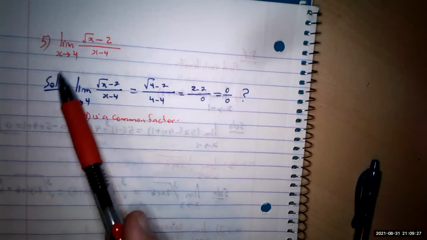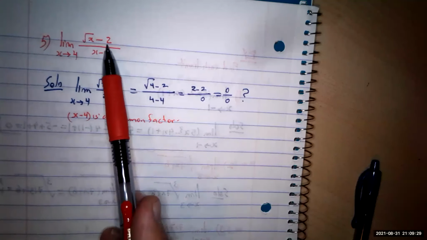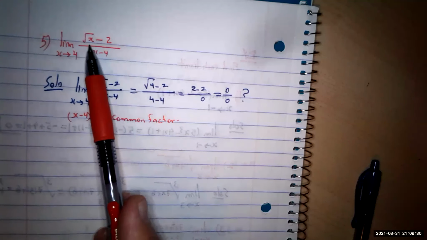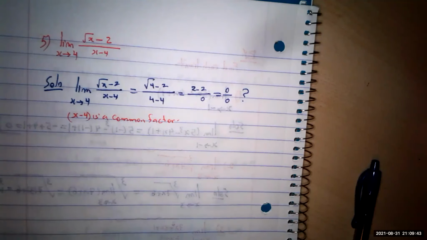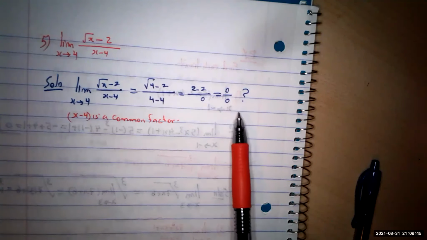What does it mean? For radical x minus 2, the conjugate would be radical x plus 2. So you multiply the top and the bottom by radical x plus 2, automatically you remove the radical and you get x minus 4. So that is going to be the procedure for the type 2 of the 0 over 0.